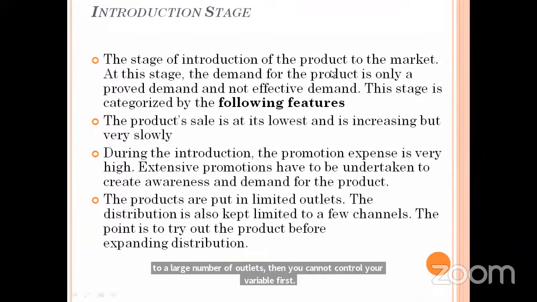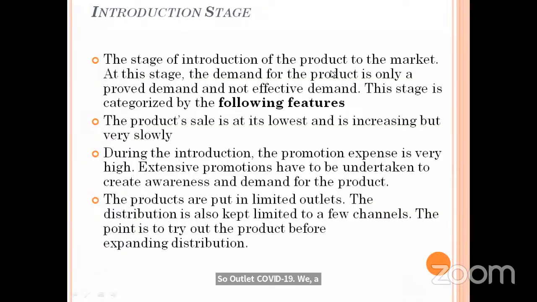So आउटलेट को भेजना भी, कमर्शियलाइजेशन करना भी आपका वेरिएबल कॉस्ट है। If the product is not accepted by the people, then you could not control the cost. So variable cost क्या है ना, आप लिमिटेड आउटलेट में जाइए, limited distribute कीजिए, so that if the product is not accepted by the people, then you do not have a huge amount of loss. So that was called stage 1.